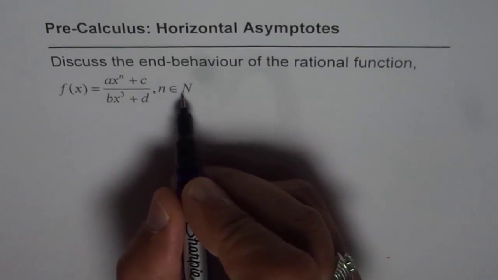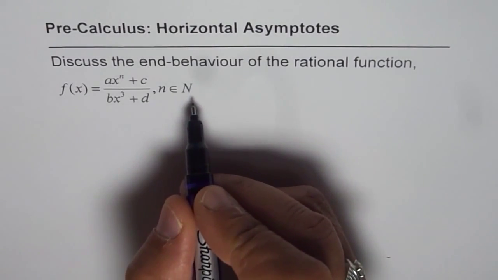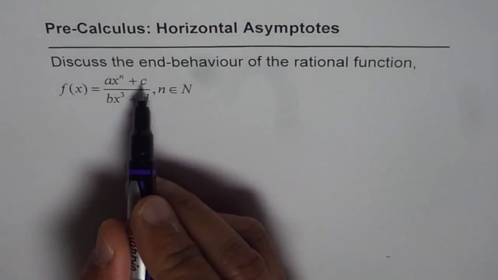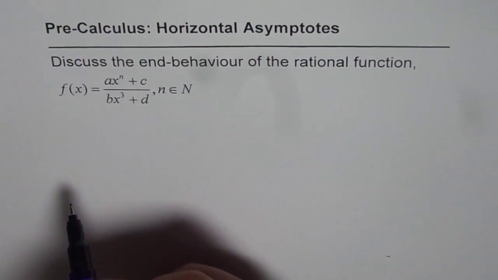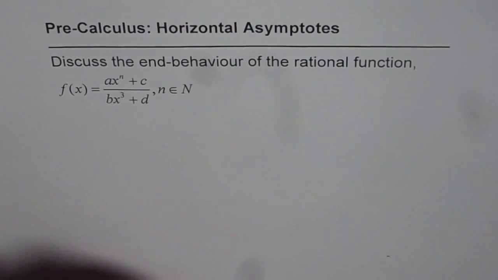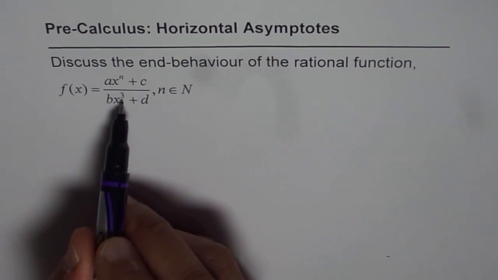Now when we say n is a set of natural numbers, that means n is not 0 but 1, 2, 3, 4, things like that. a, b, c and d could be any rational numbers, which I have not mentioned, but these constants could be any rational numbers, right? Now if you see the equation, the degree of the denominator is fixed and it is 3.